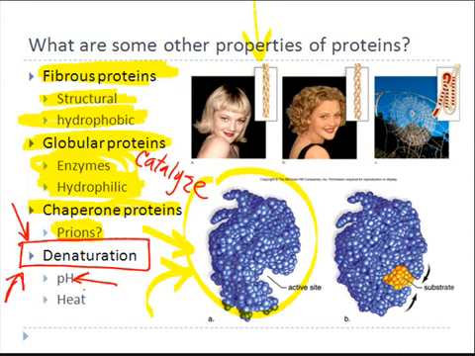They actually denature. Another thing we can do is drastically heat up a protein. Typically speaking, higher temperatures cause denaturation of proteins. Every time you fry an egg in a pan and you watch the white of the egg go from being very clear to being white, you are seeing denaturation occurring with that protein.